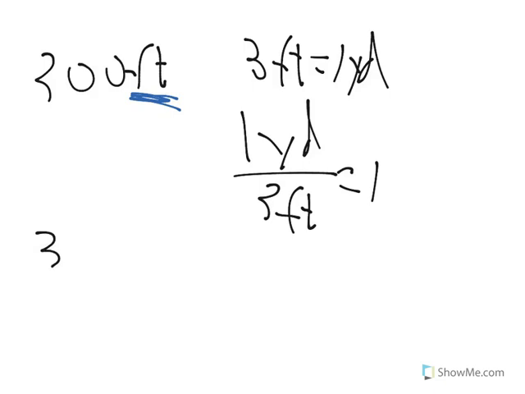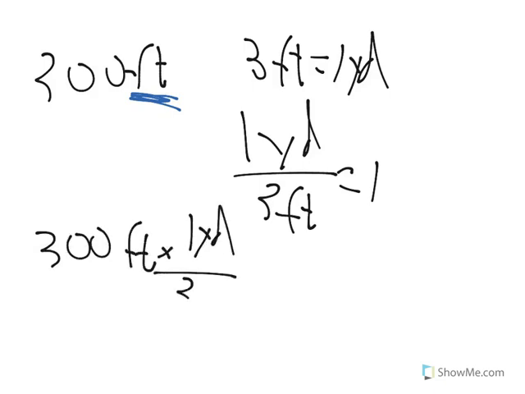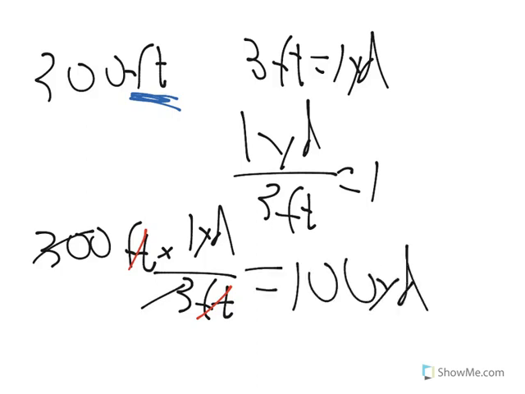Multiplying out, 300 feet times 1 yard over 3 feet. Feet once again is canceled. It should be old hat to you by now. 300 divided by 3 is 100. So 100 yards. And that means that 100 yards is about equal to 100 meters, which is something you likely would have known. So that's good.